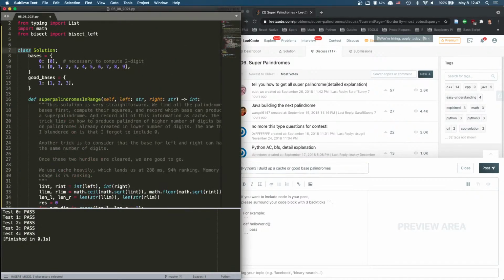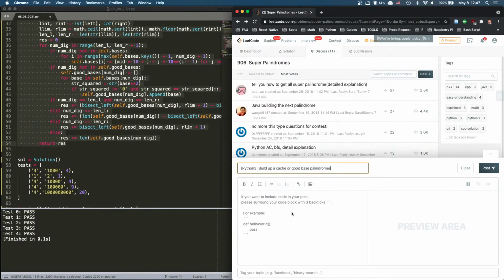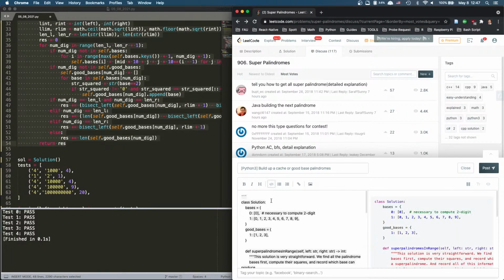Now we just copy and paste the code. Oh, it's for a contest. Oh, it'll take a long time. I think it's fine. I can do this for context.